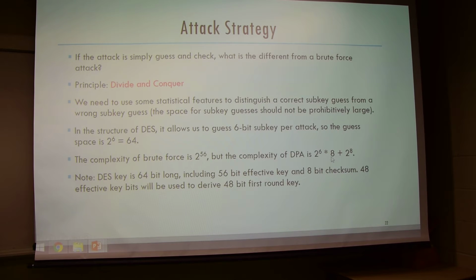And then you need to do it 8 times in order to recover the 48-bit key of the first round. And in the second round, there are 8 key bits that are not used in the first round. So essentially here you just need to do brute force. You don't need to do the DPA again because brute force is more efficient here. So as an attacker, you need to keep your mind open. If brute force is efficient, then do brute force. Don't do anything fancy. Okay.